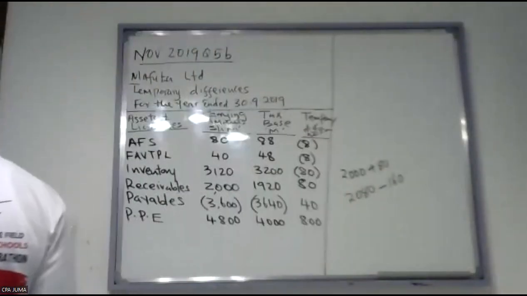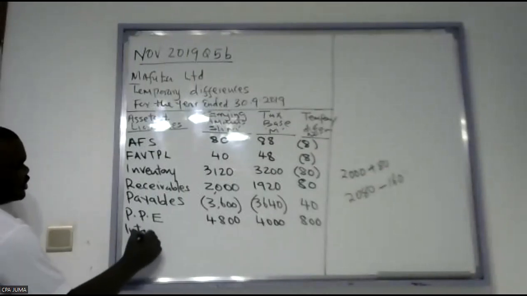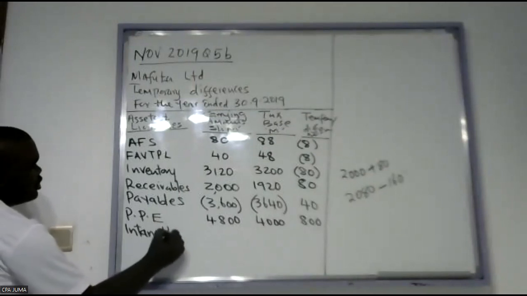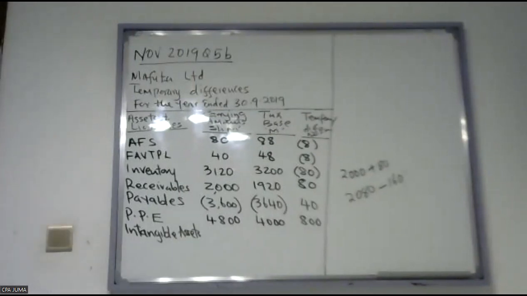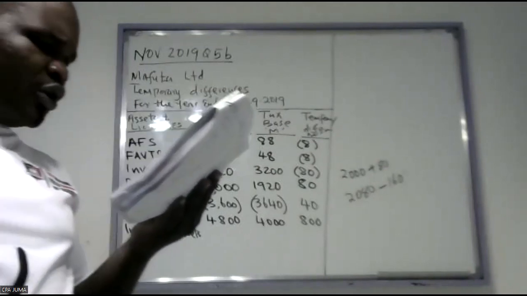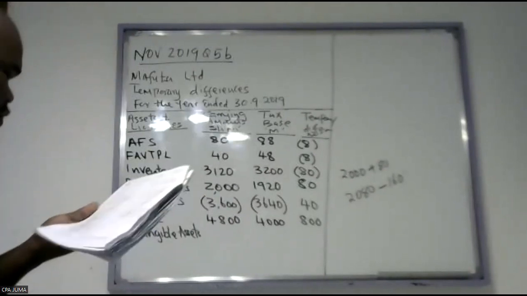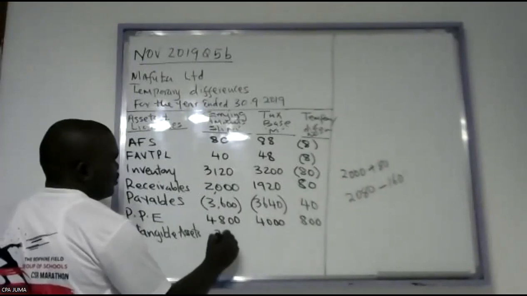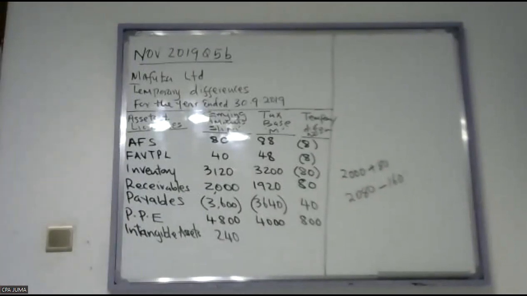Number 6, intangible assets. Intangible assets consisting of trade licenses being amortized over 5 years had a carrying amount of 240 million.